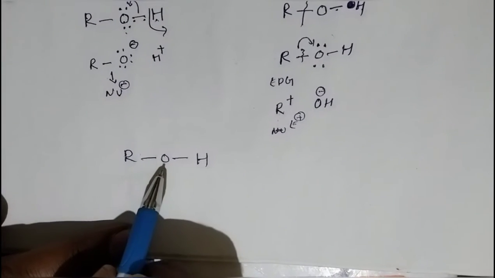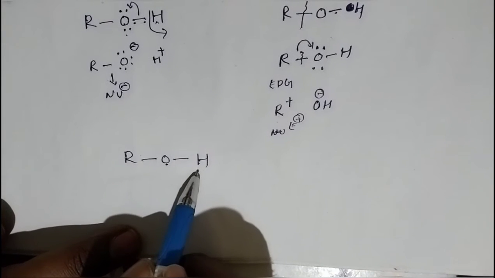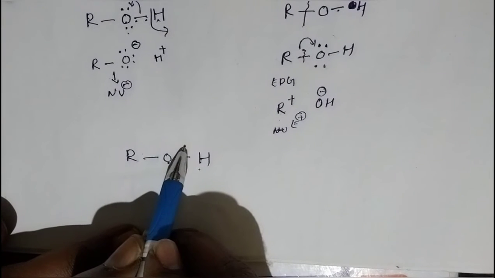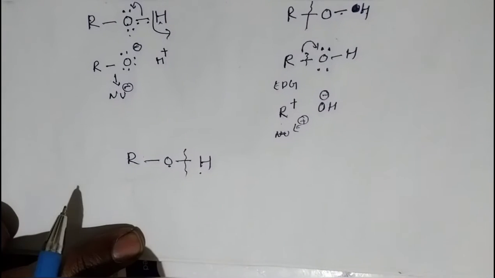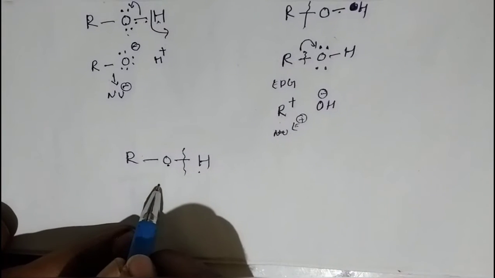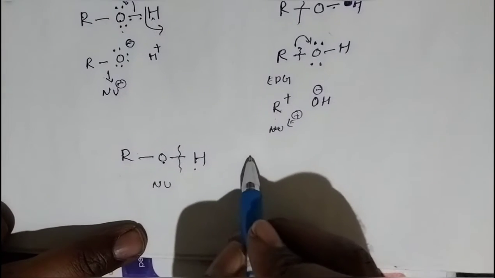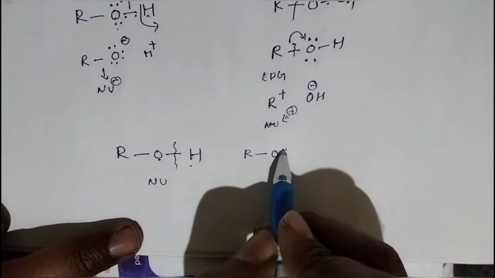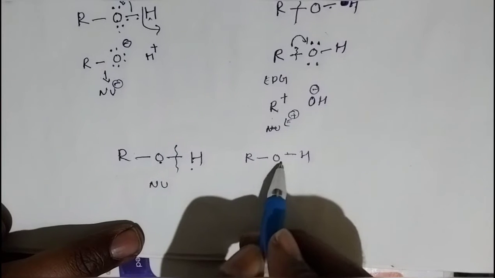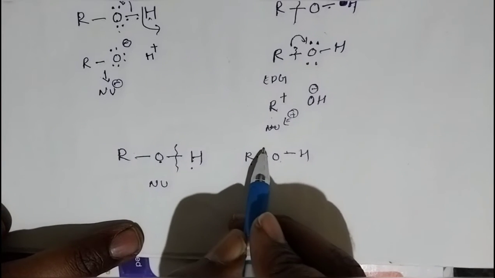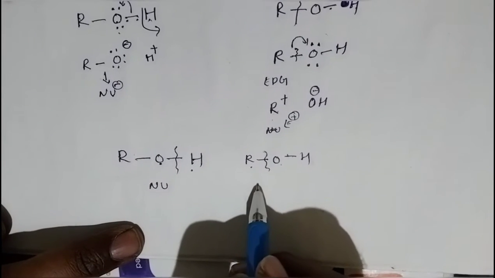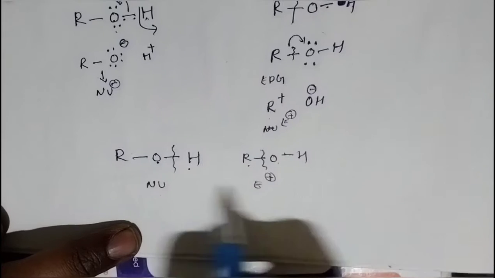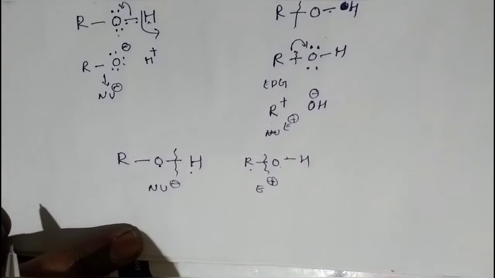If you break the bond between oxygen and hydrogen, then it is converted into nucleophile. In the same way, if you break the bond between oxygen and carbon atom, then it will become electrophile. This is a nucleophile, this is electrophile.